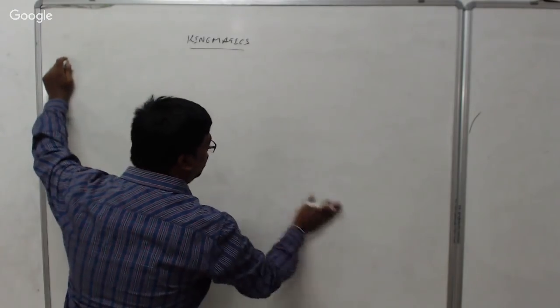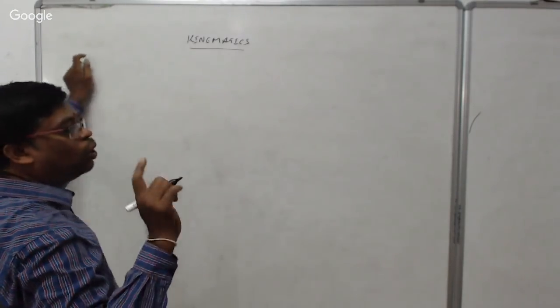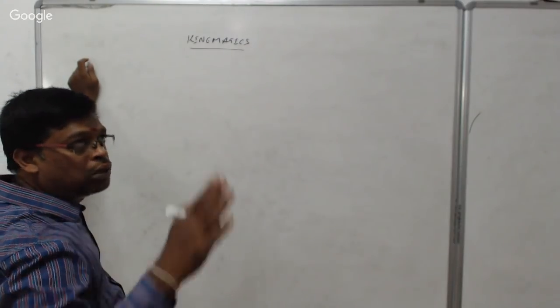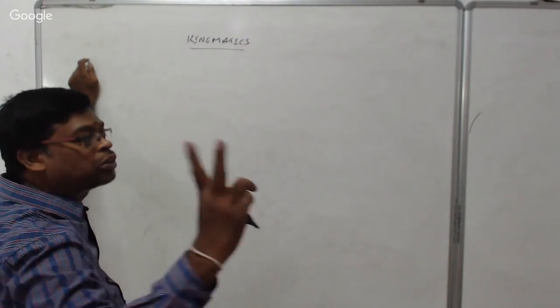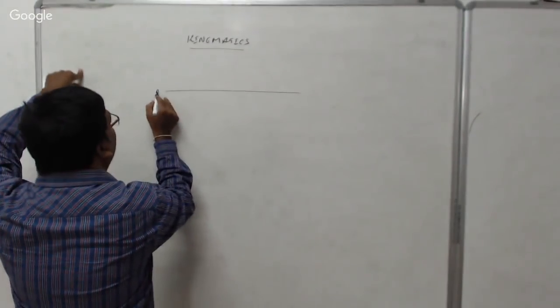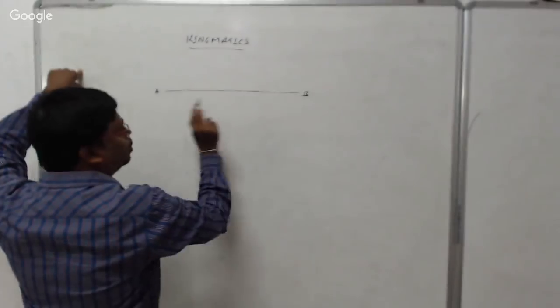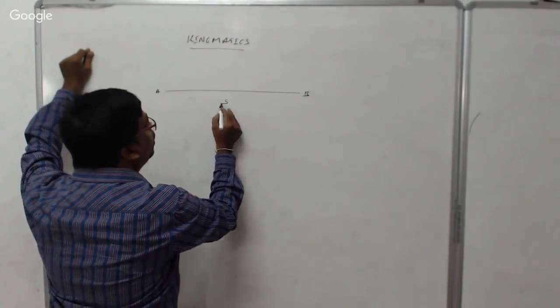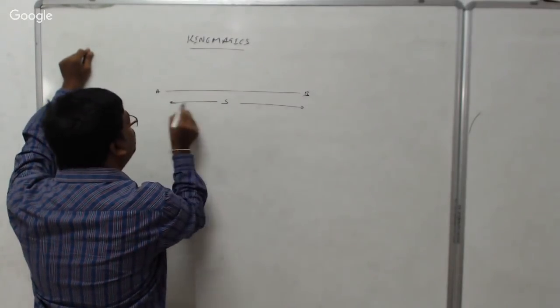See, in the given question, the total distance was split into two equal halves. Let us draw A, B, the length of the path, S be the total distance.